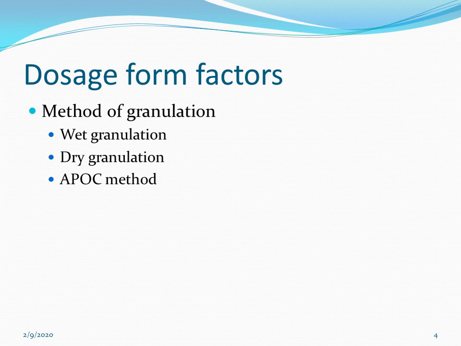While manufacturing the solid dosage form, it is necessary to convert the API and excipients into the granulation form. There are two methods which are widely suggested and used for granulation, that is the wet granulation and the dry granulation.